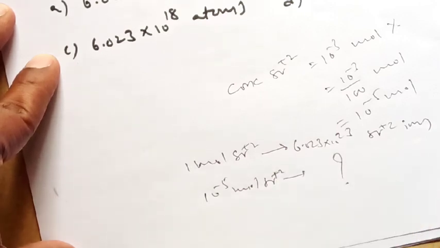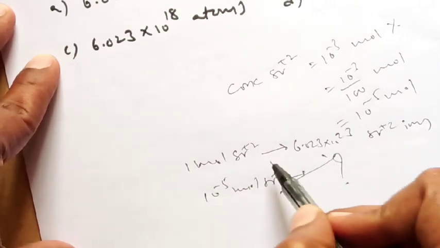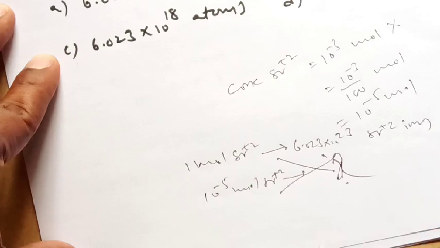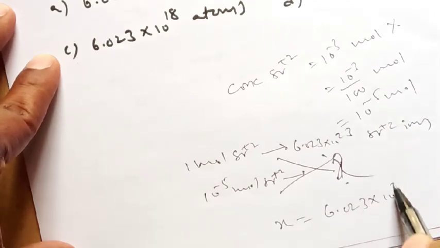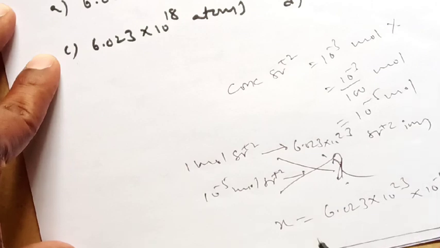Now how many ions? If you do the cross multiplication, what will we get here? Suppose you consider this as x, then x equals 6.023 into 10 power 23 into 10 power minus 5. Then what will we get here? 6.023 into 10 power 18 ions.